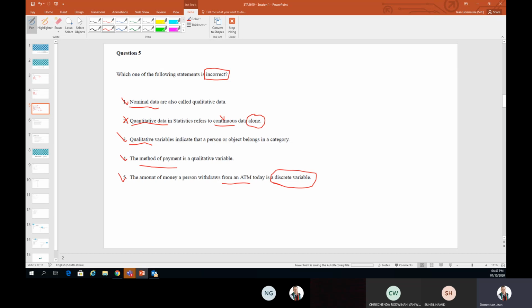Again, in the wording, because originally I looked at it and I didn't look at "alone." I just saw quantitative refers to continuous, and I wanted to say yes, that is correct. But just the wording alone basically changed that statement.